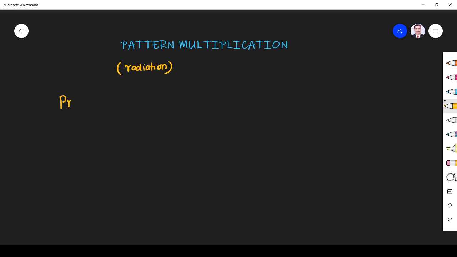Principle of pattern multiplication, I write as PM.